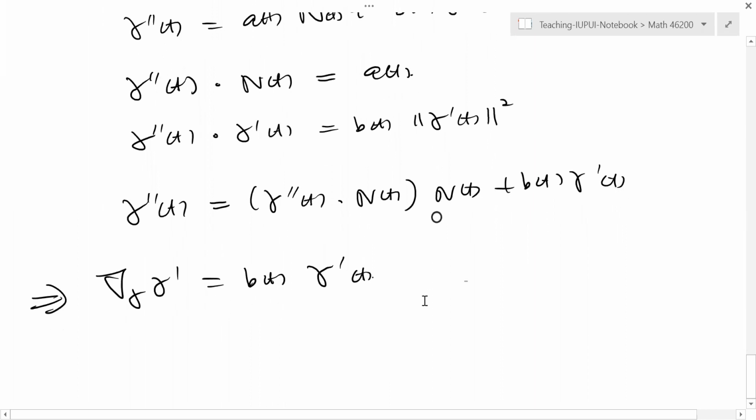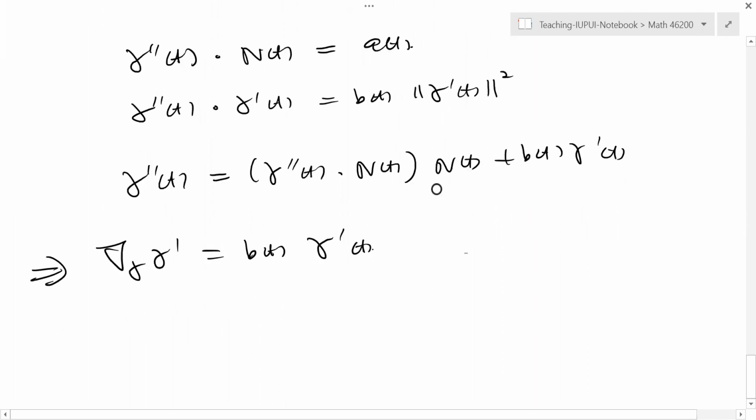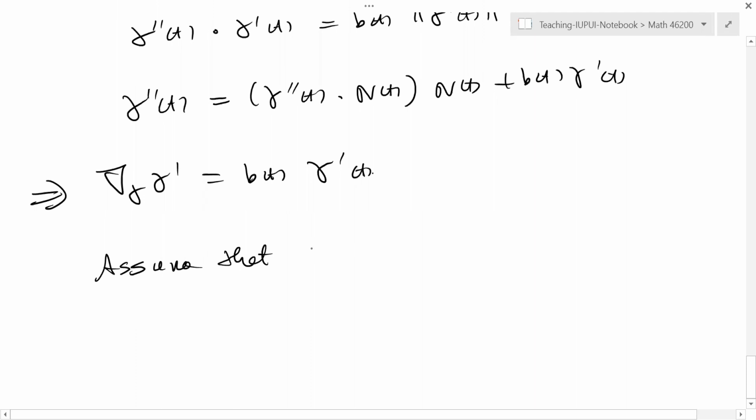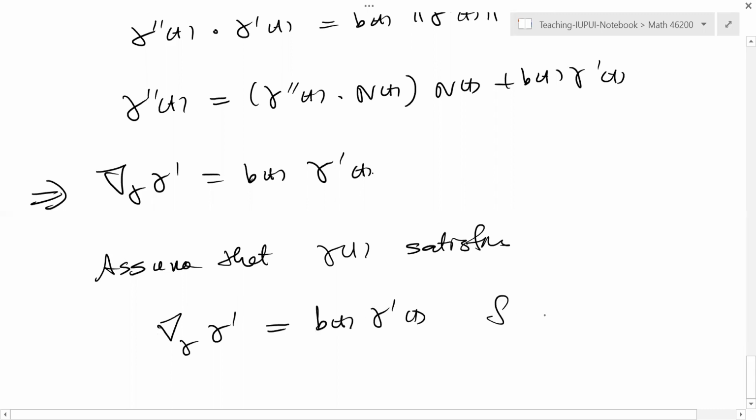So now we assume that gamma(t) satisfies this, for some B(t).